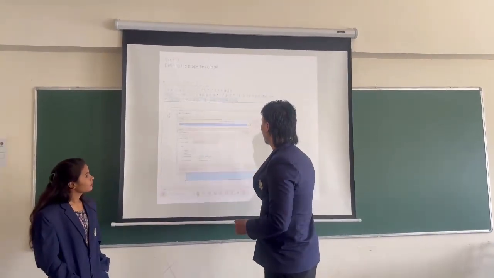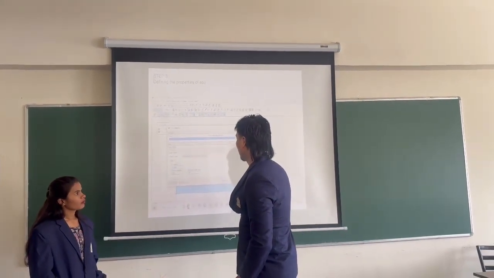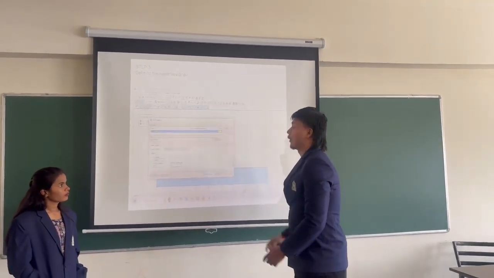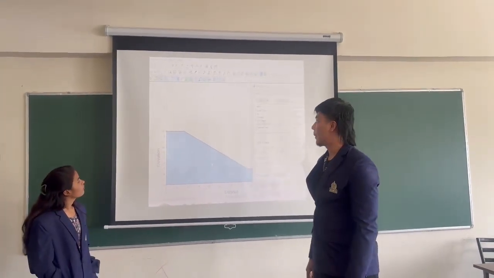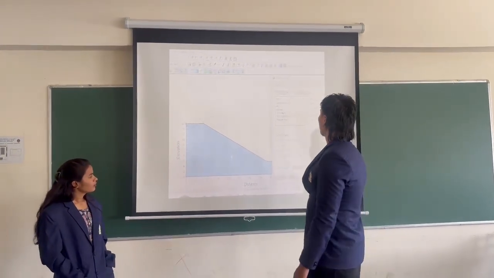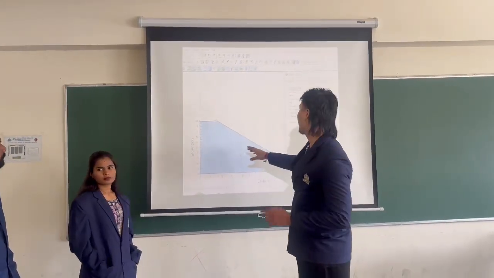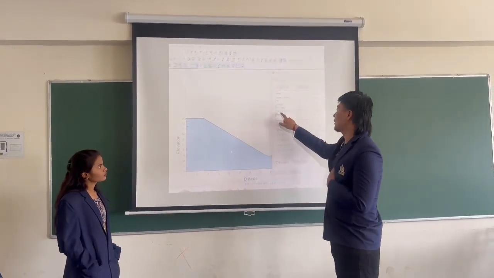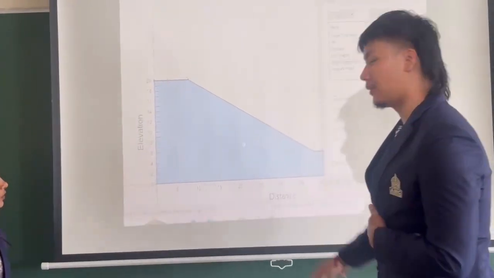In step number 3, we have to select the types of material, and after that we have to start analyzing. Here is the soil type; we have to select pore water pressure, the soils, and the elevation in this case.